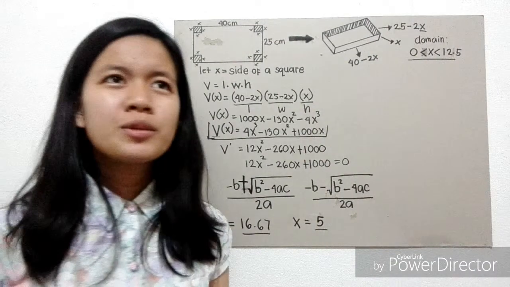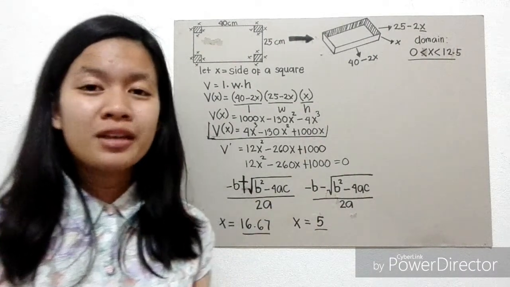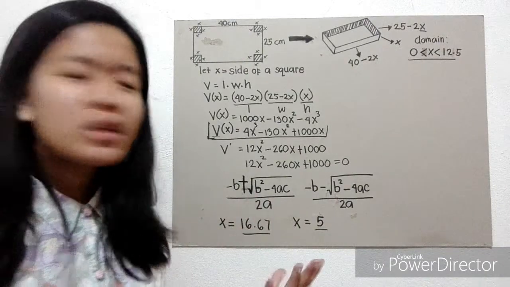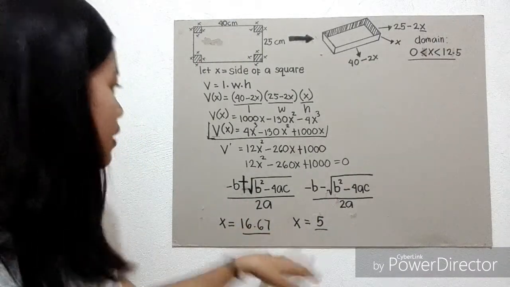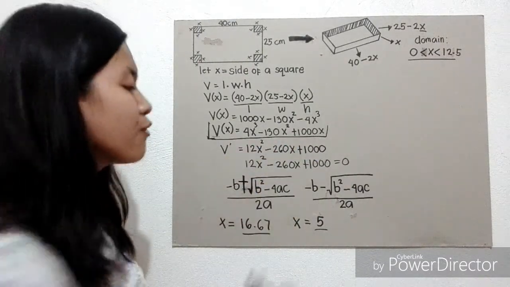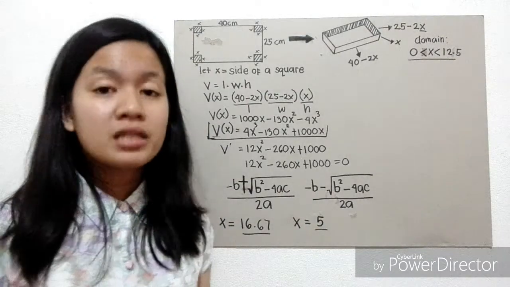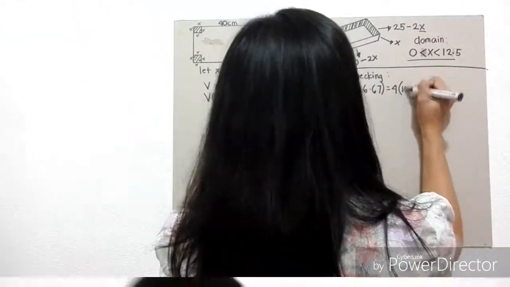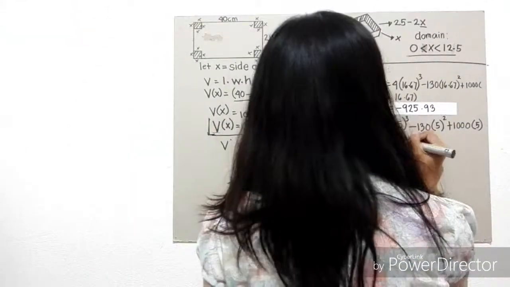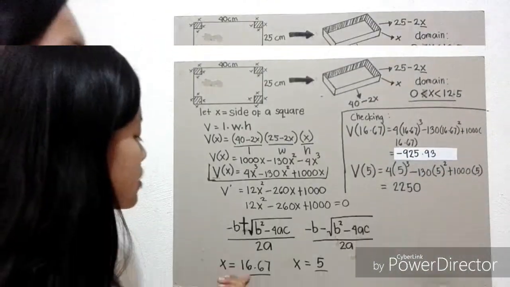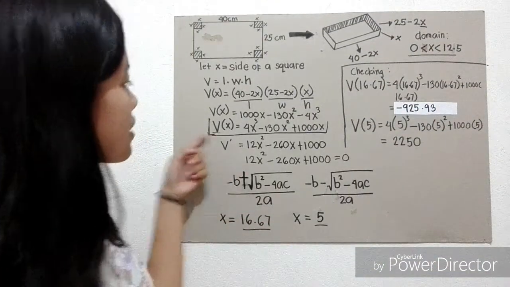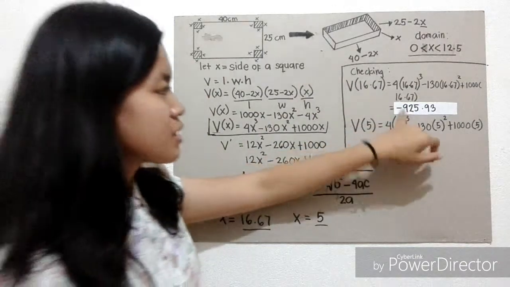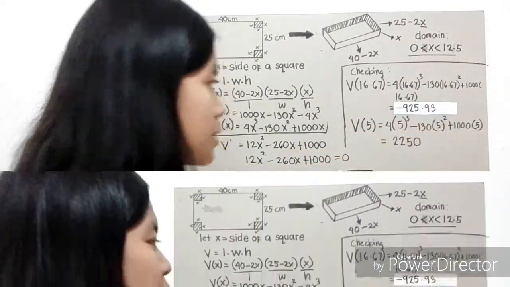We can check if 5 is really the answer, and if 5 would really give us the maximum volume of our cake dish, by finding minima and maxima. Like I said earlier, we can substitute the two of them into this function and see. So let's do it. As I substitute 16.67 into this function, it gives us an answer of negative 925.93.